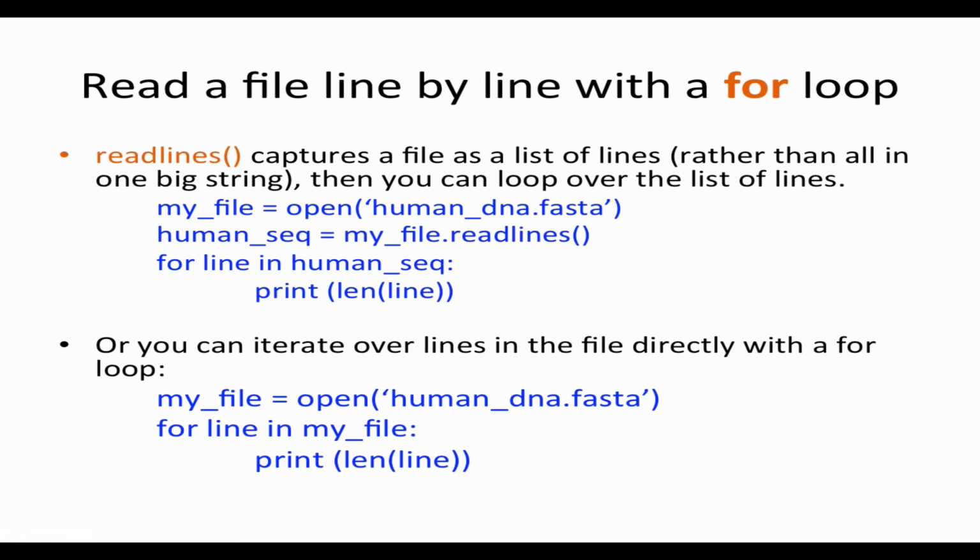Even though it's a handle, it has the feature that if you ask it to iterate, it assumes you mean iterate by line. So this will save you reading the whole file into memory in one swoop and might be useful in some situations. And line here, this is not a required word. This is actually just a variable like I or X that's holding the place that steps you through one line at a time. And this will give you the same exact thing as above. It'll show you the length of every line in your file.